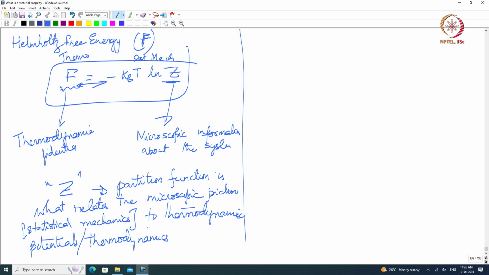Okay. So, all the microscopic picture is in Z, it sort of knows everything about the system, the microscope, so what are the various energy states, what is the probability that the system is spending in each of these energy states, what are the microstates, what are the macrostates, everything Z knows, or Z has it in it, right.